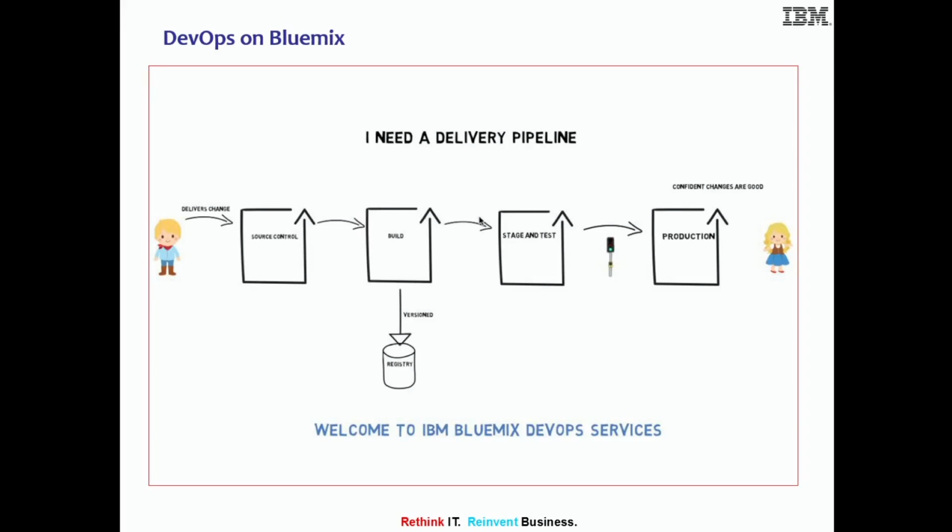So we have something that's called delivery pipeline. So we have the control starting from the source code, which is in Git, and through build, stage, and test until production. And this is why there are DevOps services in Bluemix that you can use also with your Docker containers.